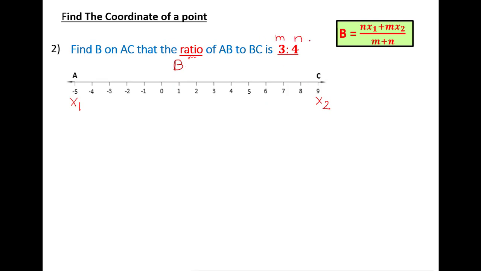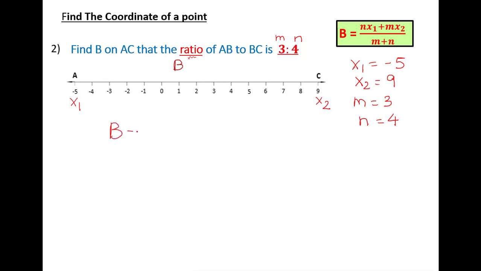and this is n. So my x1 equals negative 5, my x2 equals 9, my m equals 3, and my n equals 4. I'll begin to apply my rule.